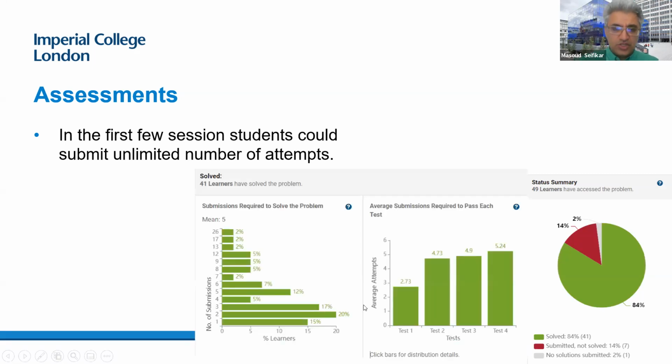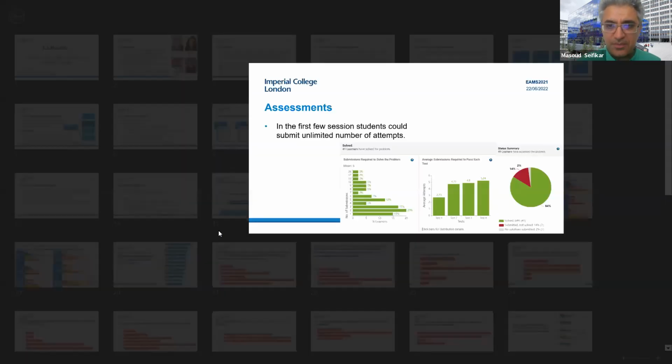It shows the number of submissions per learner. You see that we had students who tried submitting 26 times for one exercise. It was somehow good that they could practice and learn, but at the same time, we don't want students to spend too much time on this.